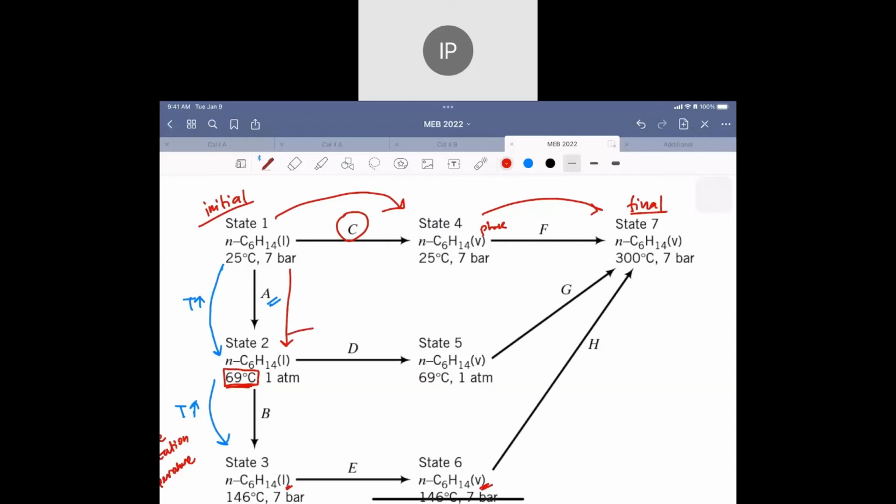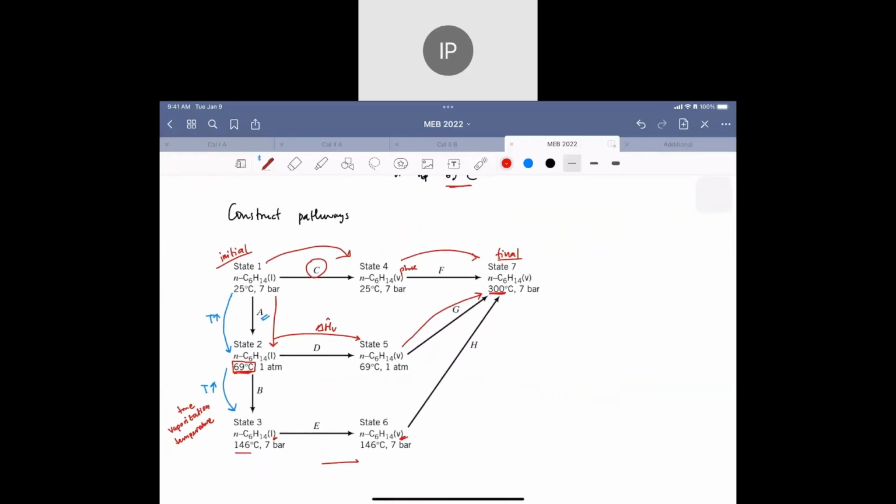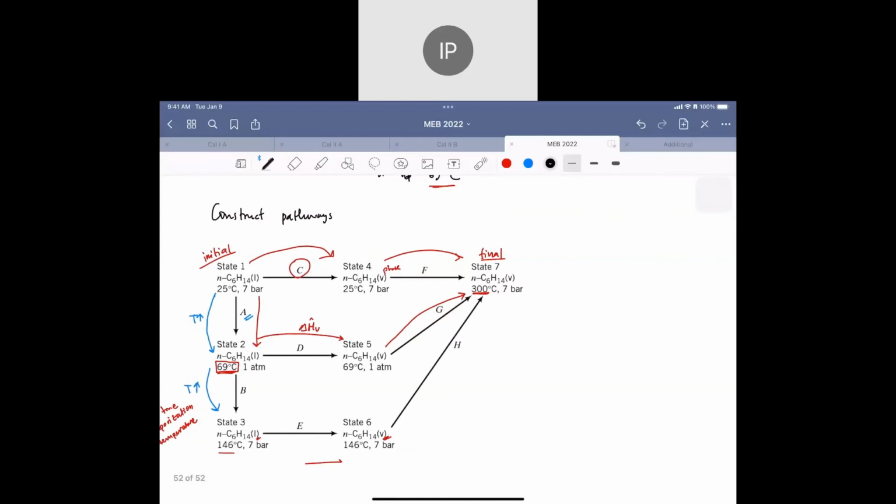So we go to D with some heat of vaporization, and then from here we take it to our final conditions, which is 300 Celsius and 7 bar. So for availability of the data and better calculations, we could just choose the ADG for our path.